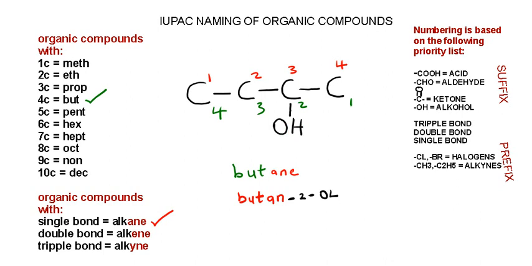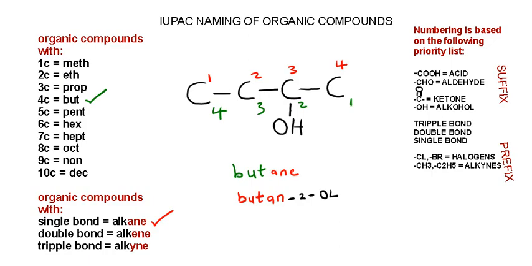Remember that for alcohol, we take the last 2 alphabets, which is OL, to replace it. So it's now butan-2-ol.